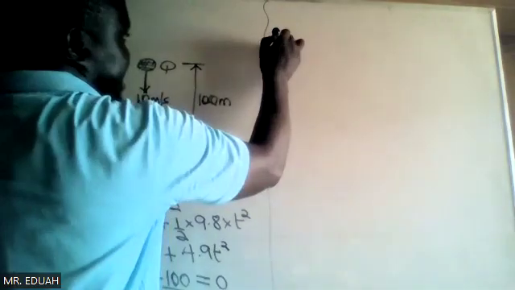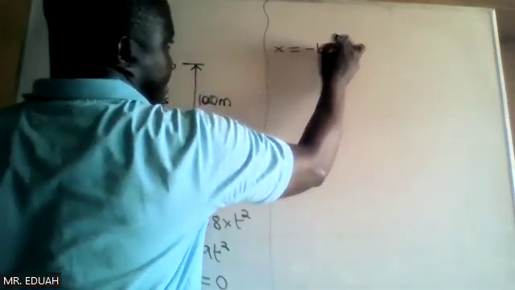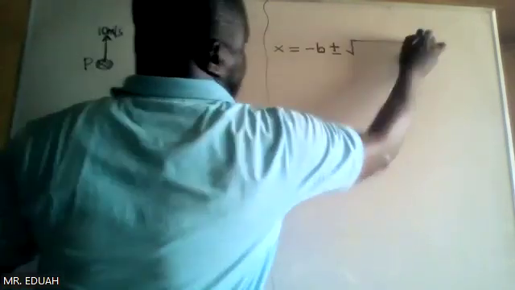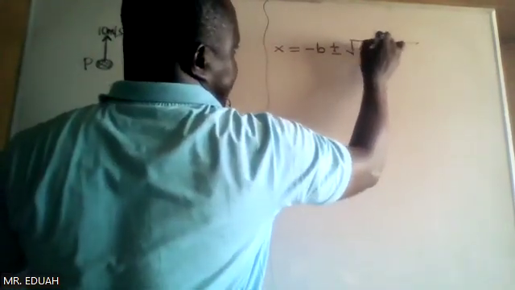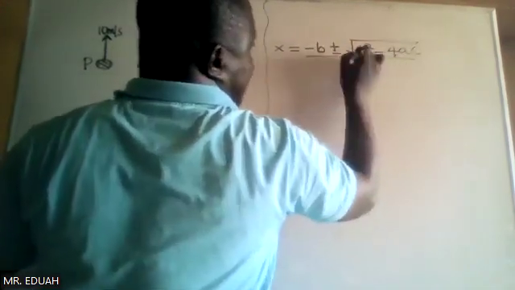When you are looking for x, x is equal to minus b plus or minus the square root of b squared minus 4ac all divided by 2a.